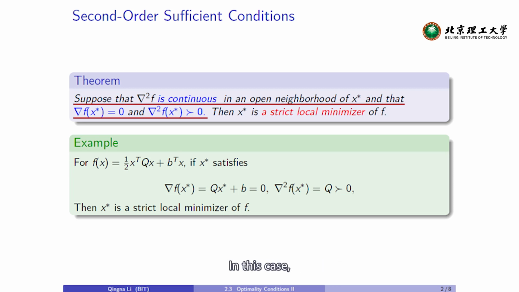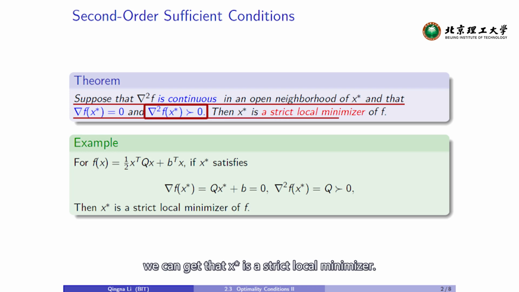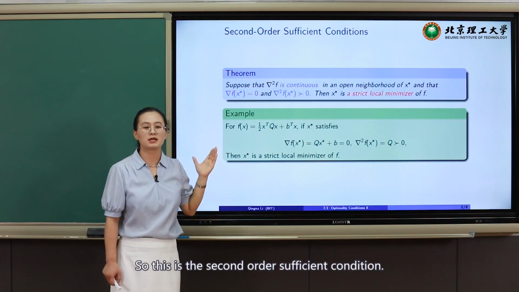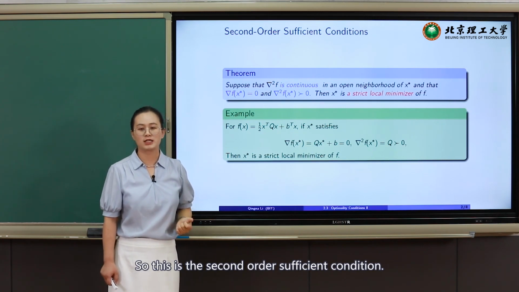We further assume that the Hessian matrix of F at X star is positive definite. Okay, so it is positive definite, not semi-definite. In this case, we can get that X star is a strict local minimizer. All right, so this is the second order sufficient condition.